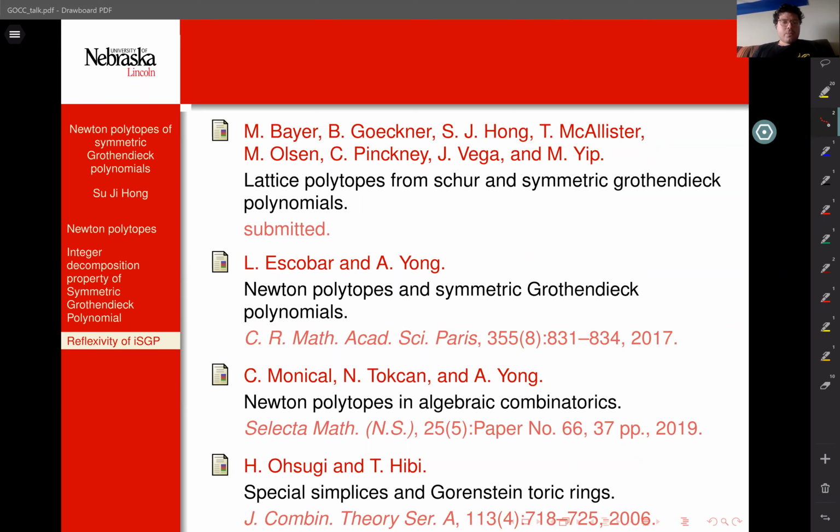What other kinds of polynomials can you play this game with? So I have mentioned the Schur polynomial. That is another part of this paper: we looked at Schur polynomials, and we have shown that they are IDP, and then we identified which ones are reflexive.